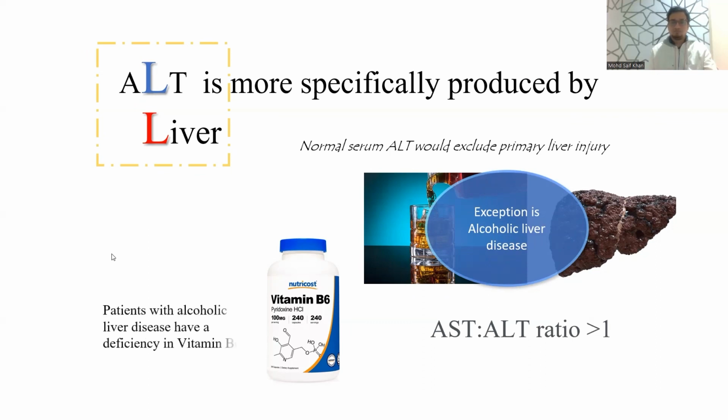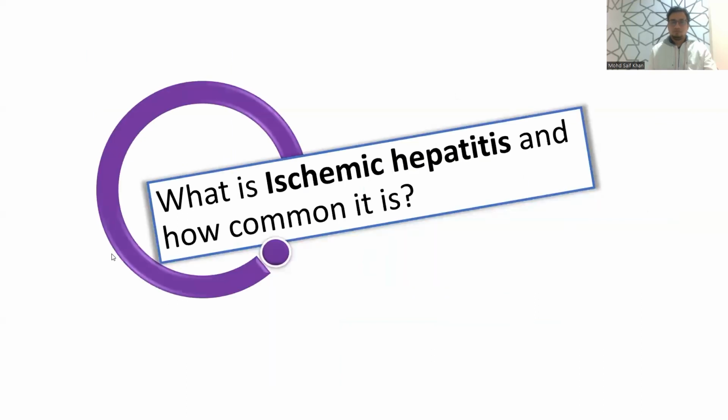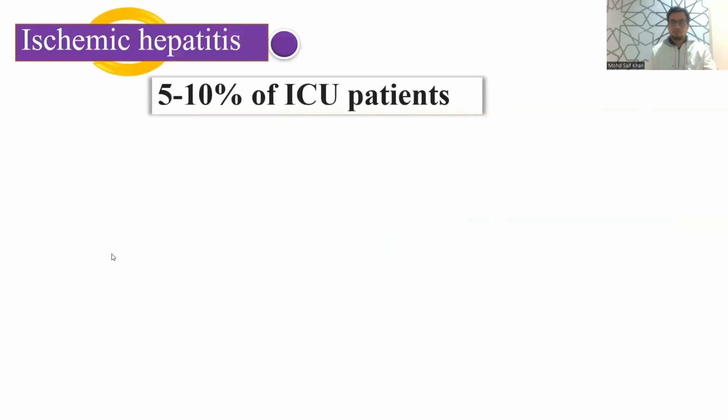Now, okay. So now the question is, what is ischemic hepatitis and how common is it? So let's understand this first. About 5 to 10% of ICU patients develop ischemic hepatitis, which is also known as hypoxic liver injury or HLI or shock liver.